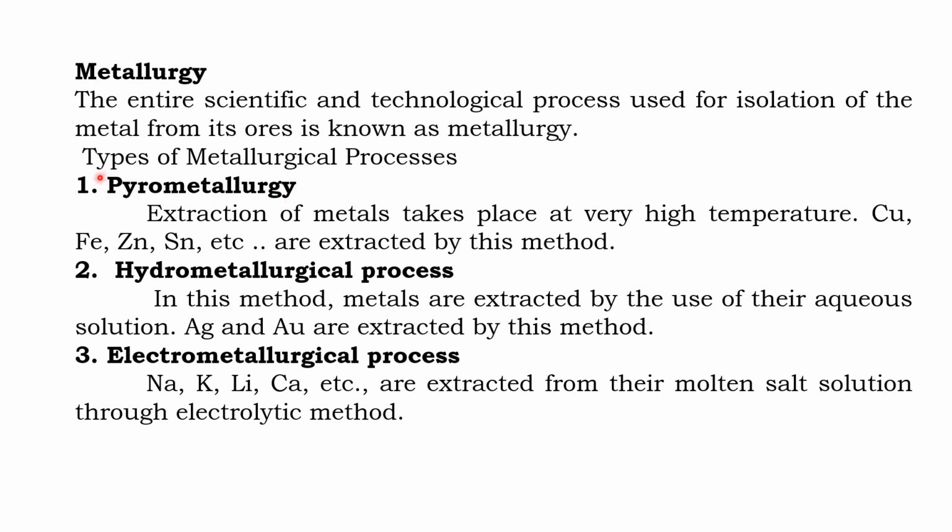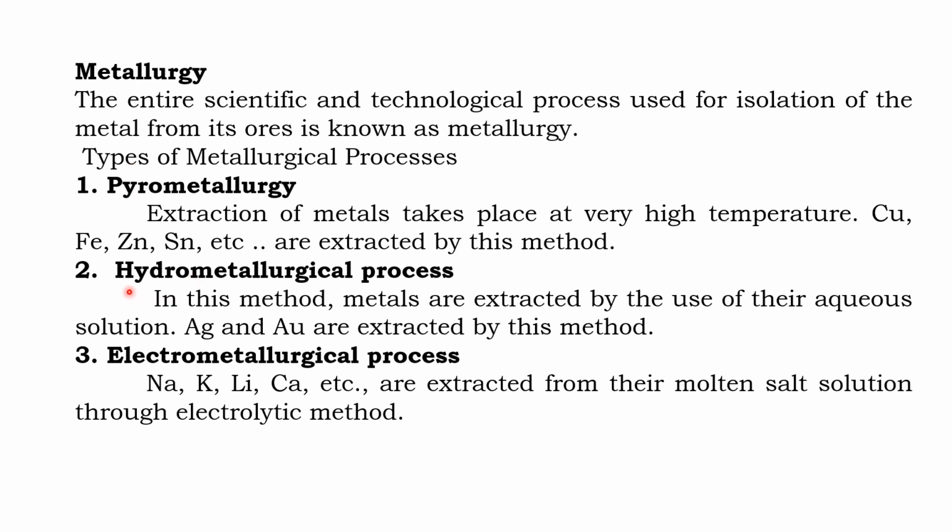It is the metallurgical process that happens at high temperatures, because certain metals have to be extracted using pyrometallurgical considerations. For example, copper, iron, zinc, tin, etc. are extracted by pyrometallurgical process.